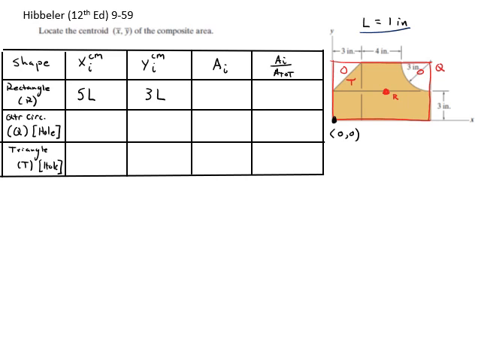That's where the center of mass of the rectangle is. The area of the rectangle is just 10L times 6L, the length times the width, which is 60L squared. Right? So that's what I put into this entry there. And again, I'll leave the fourth column blank, so I'll just enter those three.